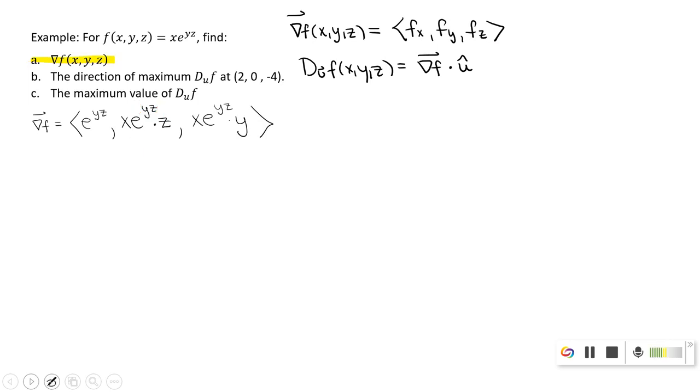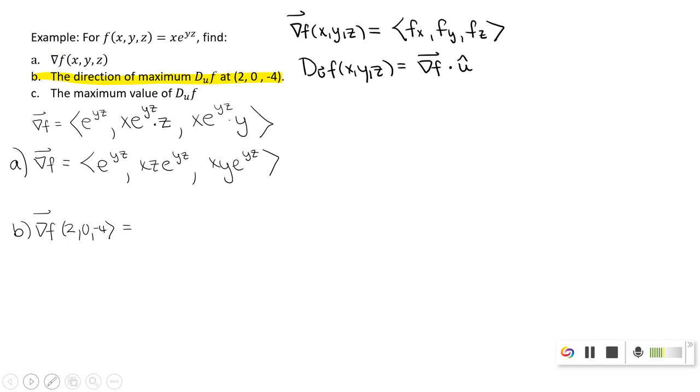And then similar reasoning, my derivative with respect to z is x e to the yz, and then the derivative of yz with respect to z is just y. So chain ruled that one as well. So my gradient vector would be e to the yz, and then I'll just rewrite the next term as xz e to the yz, and then last component xy e to the yz. So that's part A. There's my gradient vector.